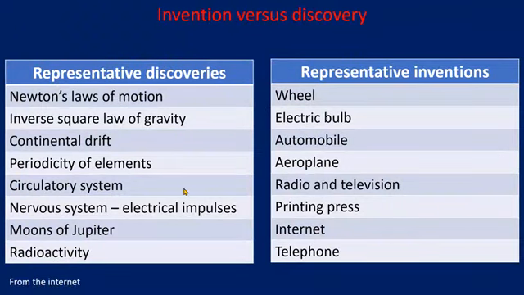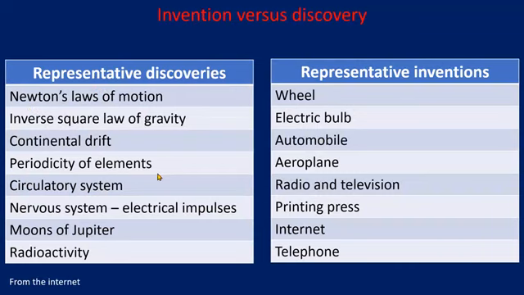Now, when we think about biology, how do we relate biology to invention and discovery? Here are some representative discoveries and inventions. Among the distinguished discoveries are Newton's laws of motion, the law of gravity, continental drift, and periodicity in the elements.